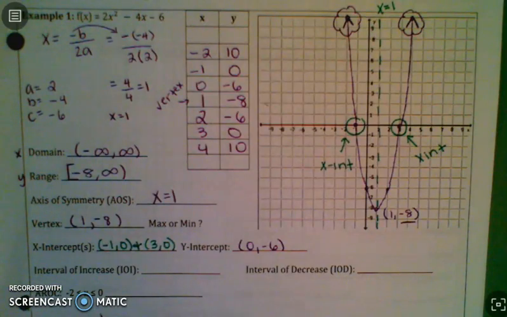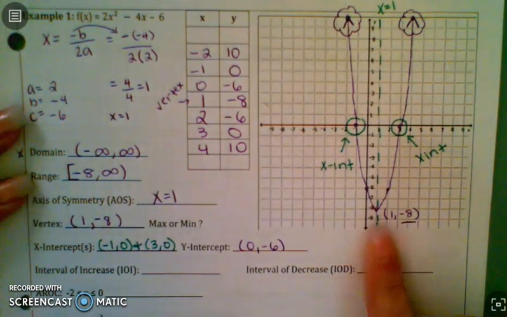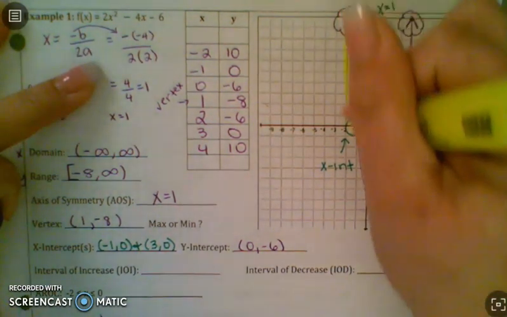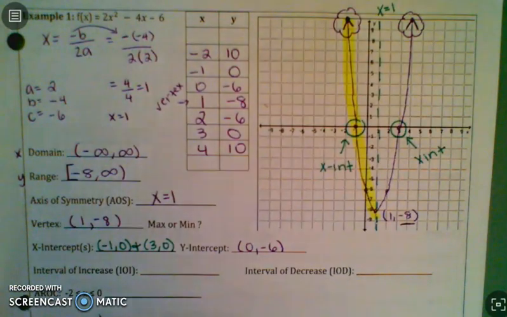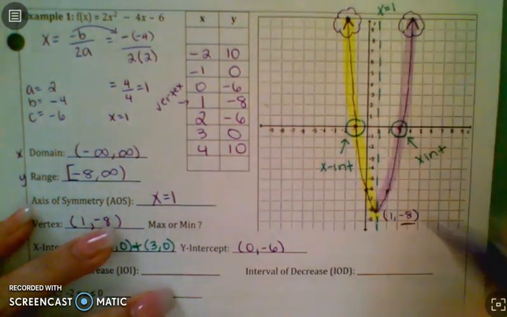So next we're doing intervals of increase and decrease. That part's new. So we have to use our axis of symmetry to split it. So I have half my graph right here, and the other half of my graph right here.